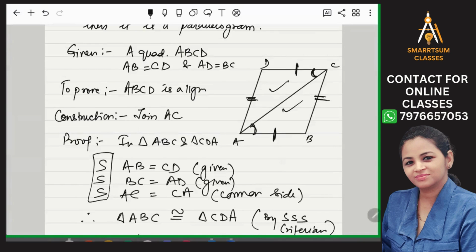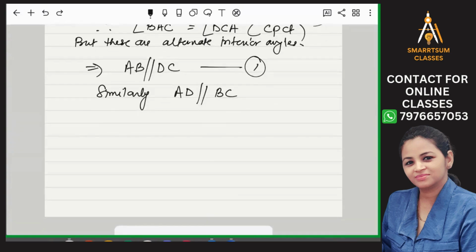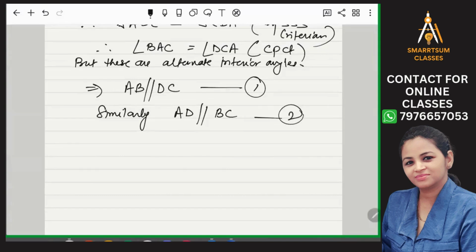This time we take these two sides, cut by the third line AC. So alternate interior angles are equal, that means this angle is equal to this angle, and therefore AD is parallel to BC. Same thing you have to write down in the other part. This is your second one.